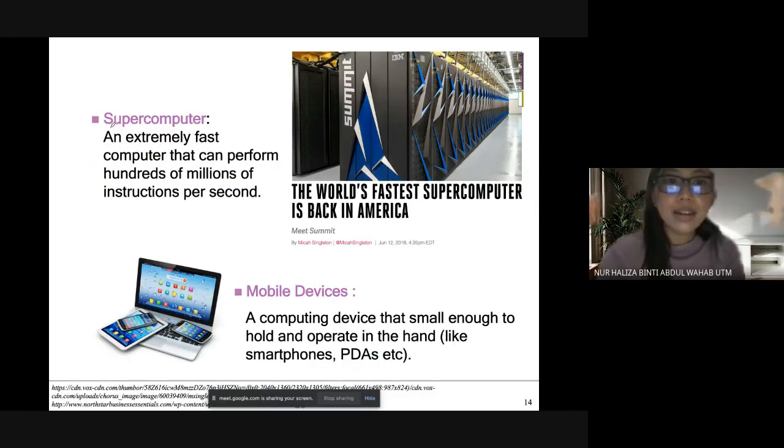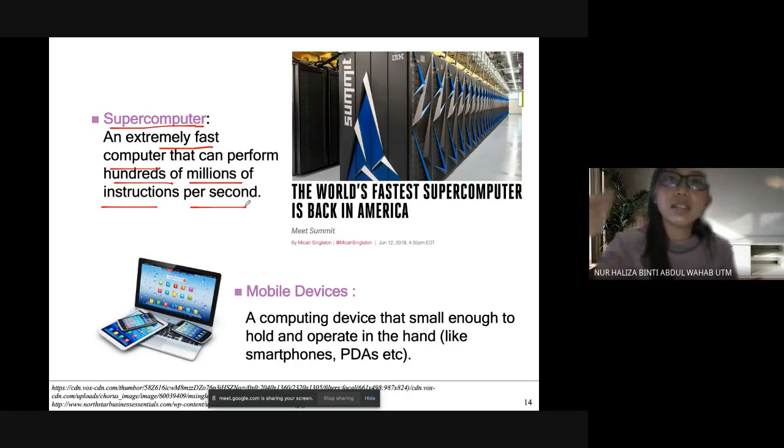And then there is a supercomputer. This is the highest in everything, an extremely fast computer that can perform hundreds of millions of instructions per second.